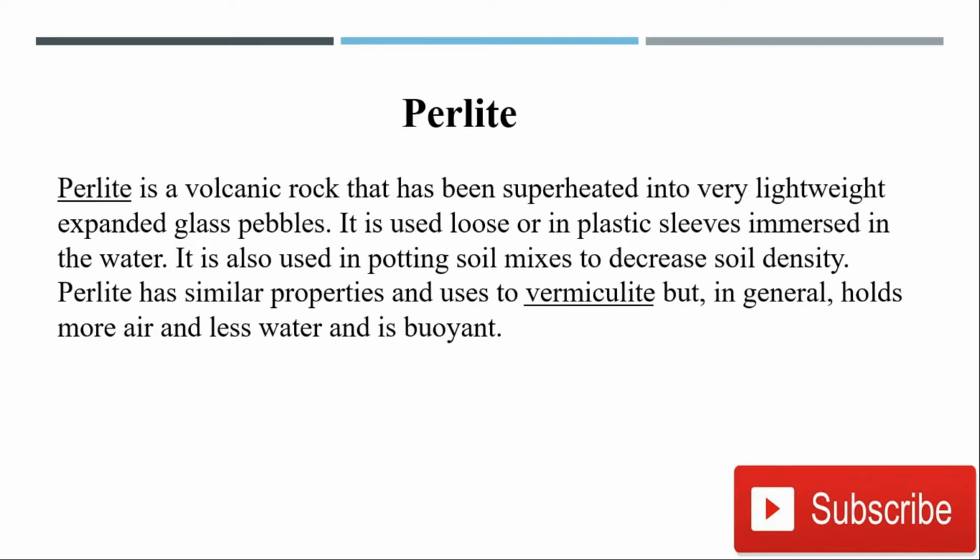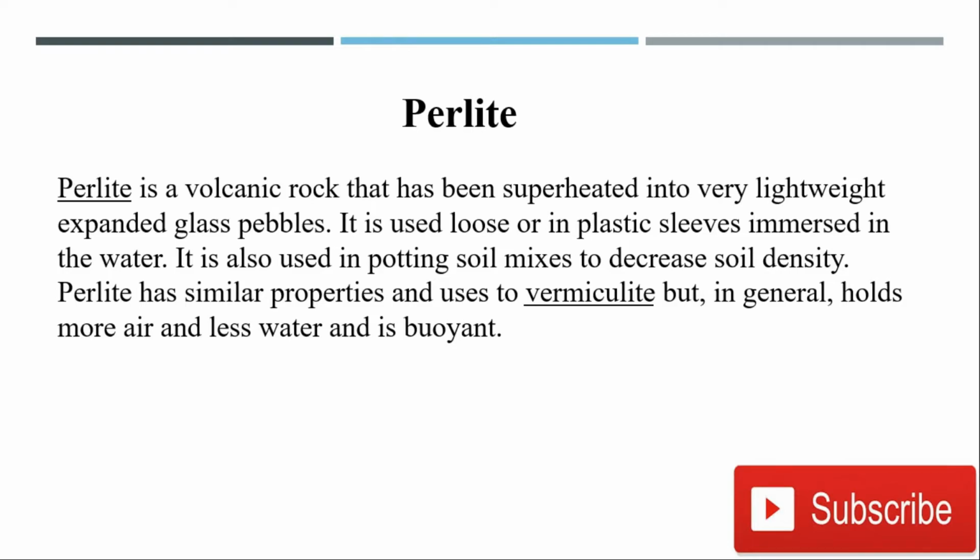Number 3, the perlite. Perlite is a volcanic rock that has been superheated into very lightweight expanded glass pebbles. It is used loose or in plastic sleeves immersed in water. It is also used in potting soil mixes to decrease soil density. Perlite has similar properties and uses to vermiculite, but in general holds more air and less water.